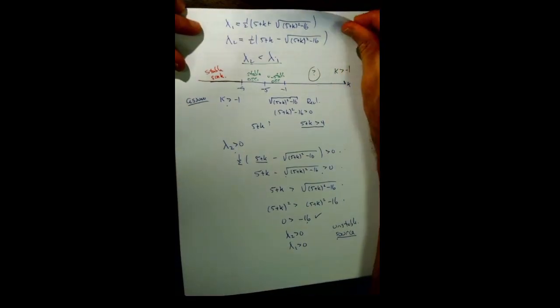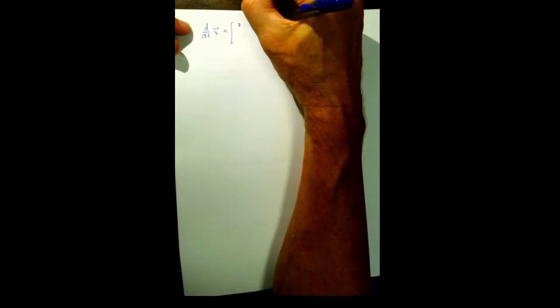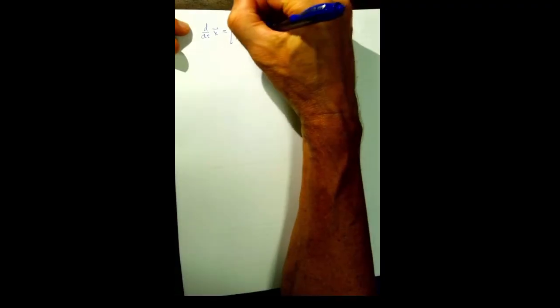Okay. I'm almost done. My original differential equation was the derivative of x is equal to the matrix 2, 2, 1 plus k, 3 plus k times x. And I wanted to know what's up with the stability of this for different values of k.